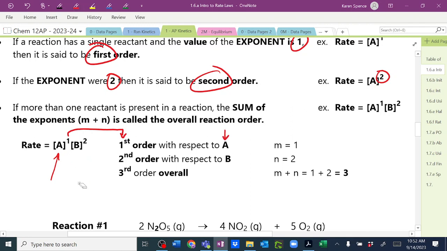We can say that it is second order with respect to B. And then if we look for the overall order of the reaction, we add up the exponents: a 1 with respect to A, a 2 with respect to B. Overall, it is third order. Okay, yes?